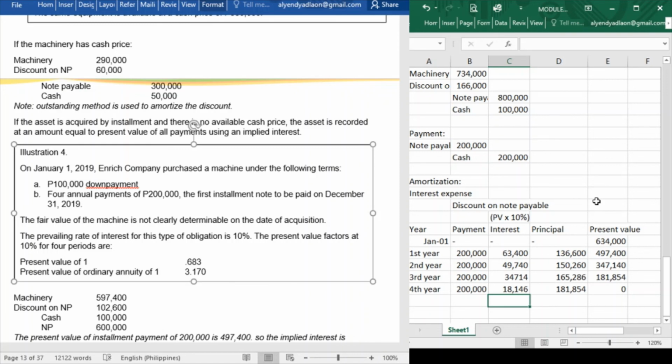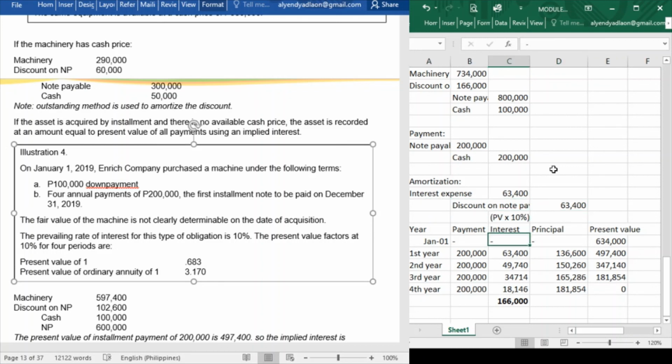So we get 166,000. So meaning the 166,000 discount on note payable is amortized every year with these amounts. And in our problem, for the first year, the interest expense that is to be recognized is the 63,400. Okay, so this is the amortization at the end of the first year.